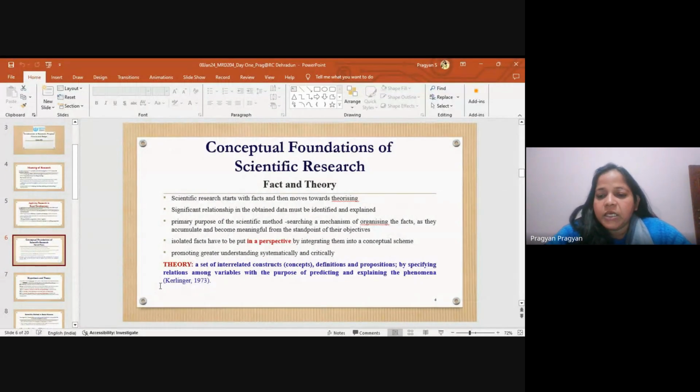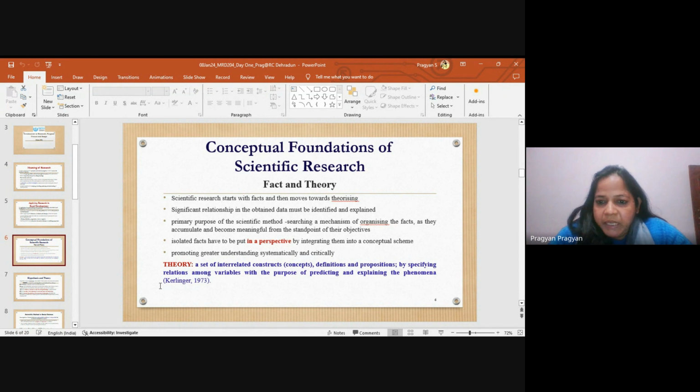For example, if I am telling you that India has this particular rate of literacy, this is half a fact. When we divide this literacy rate into male literacy rate and female literacy rate, then we understand that there is a gender gap.